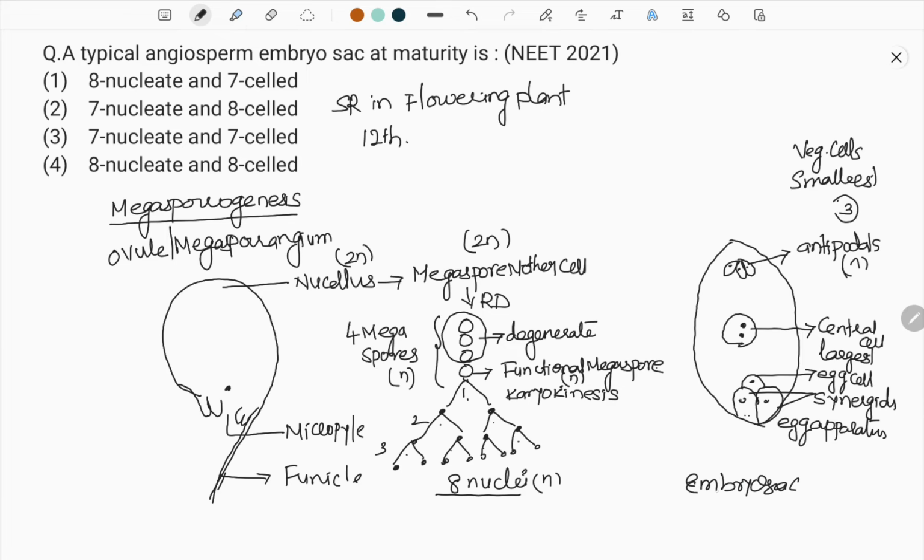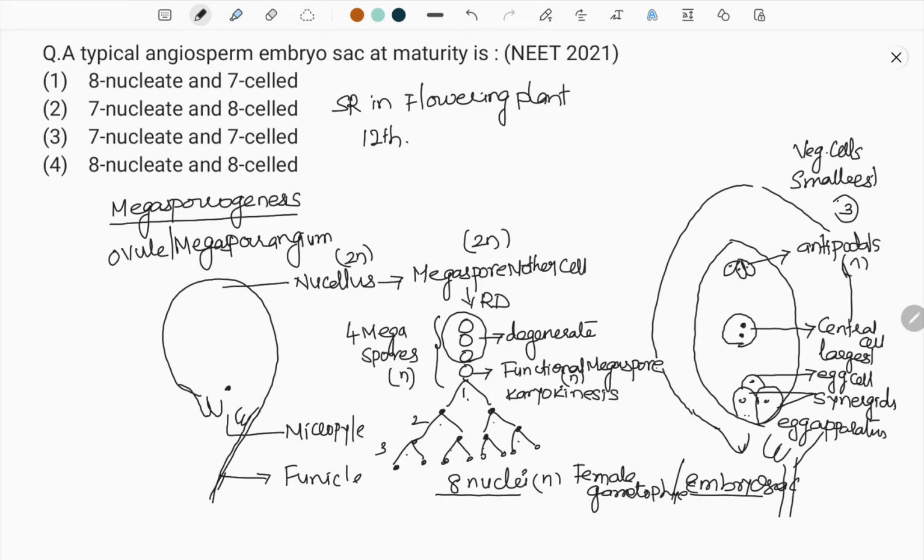It's also called the female gametophyte. This female gametophyte is in fact present inside the ovule. As I have told you here, we again find the micropyle and the funicle, and inside that we find the embryo sac.